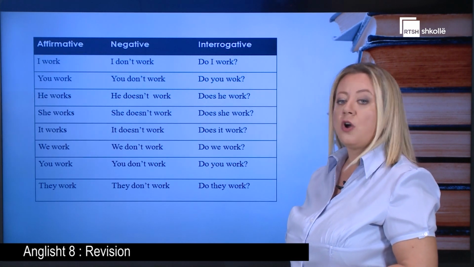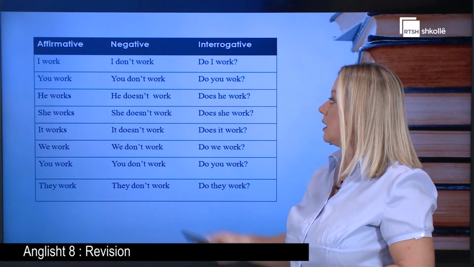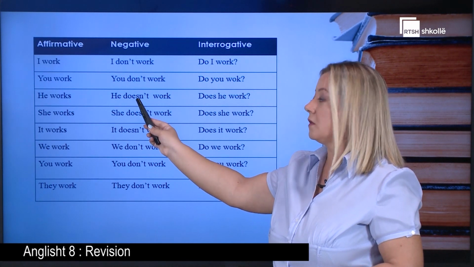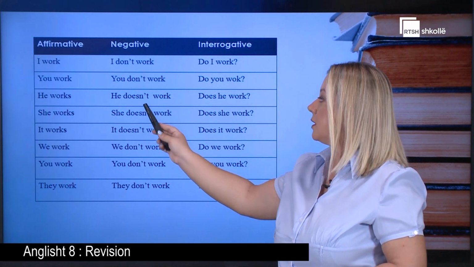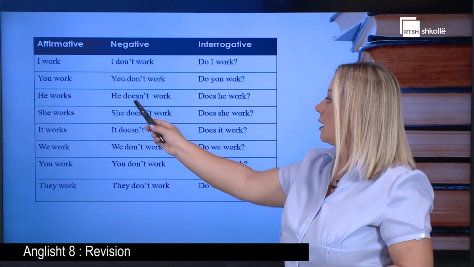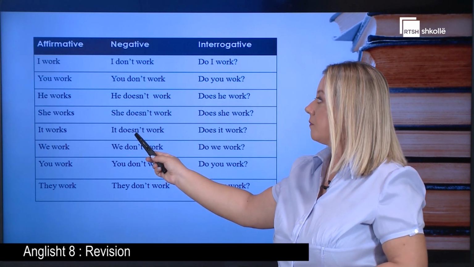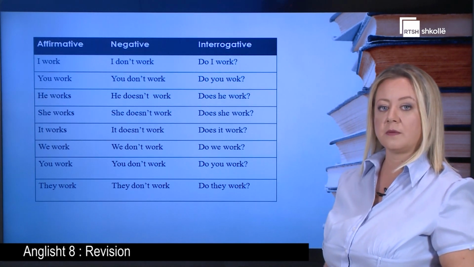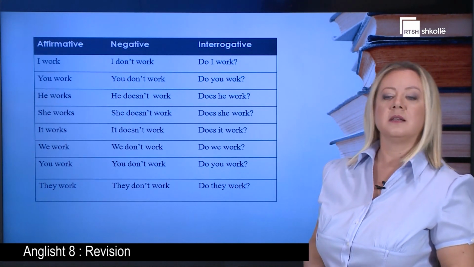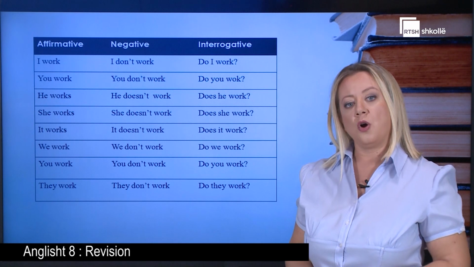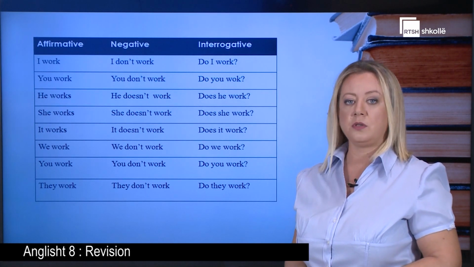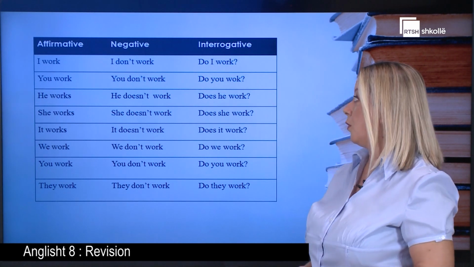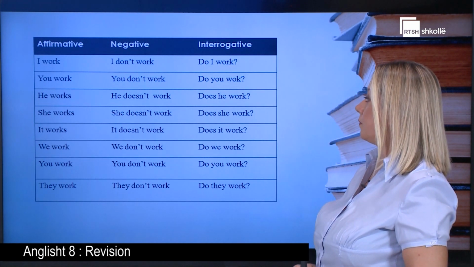In the negative, we add the auxiliary don't and doesn't for the third person singular pronouns, he, she, it. I don't work. You don't work. He, she, it doesn't work. We don't work. You don't work. And they don't work.